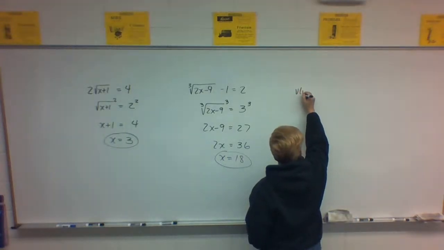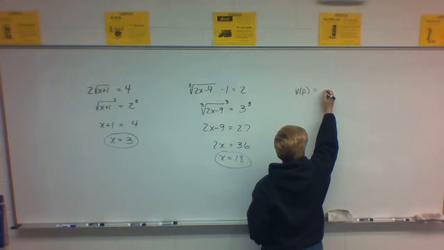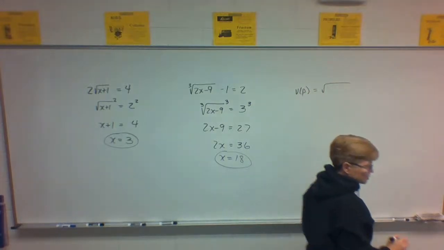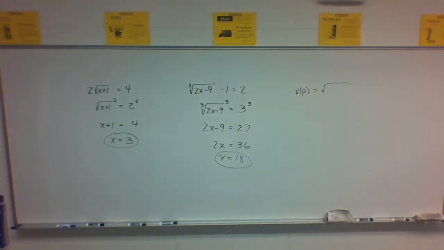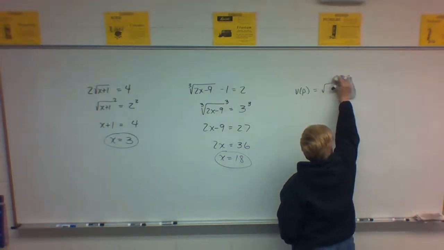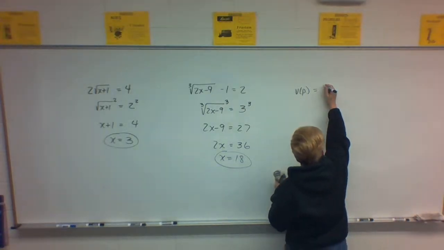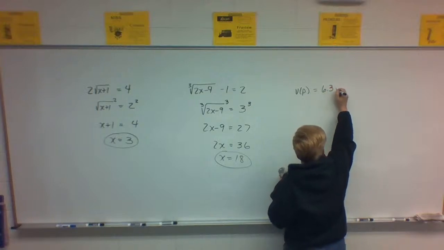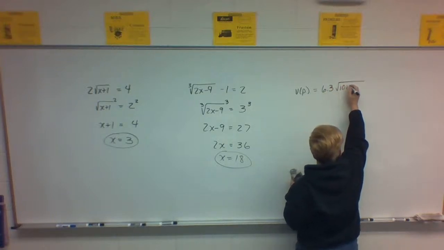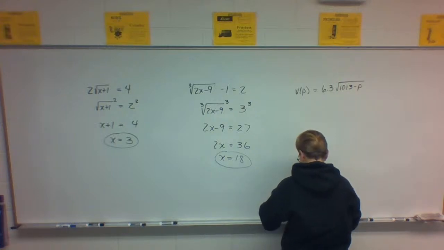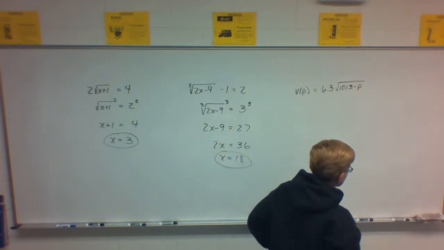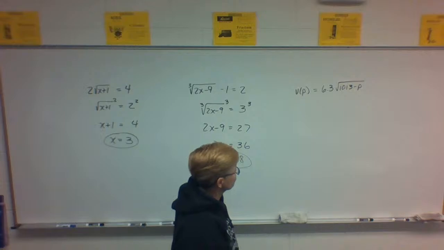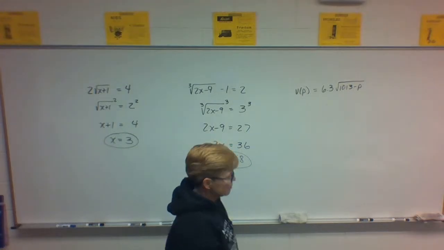V of P, velocity as a function of pressure, is 6.3 times the square root of 1013 minus P. By the way, 1013 is standard pressure at sea level. That's what they base it on in millibars. Okay, so that's our formula.